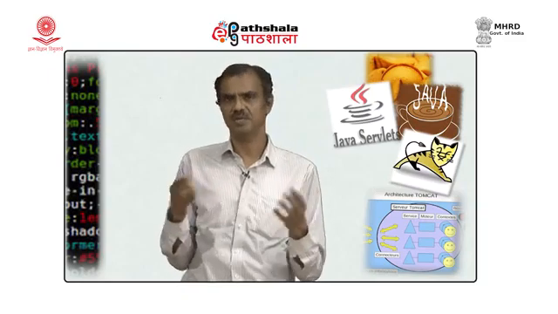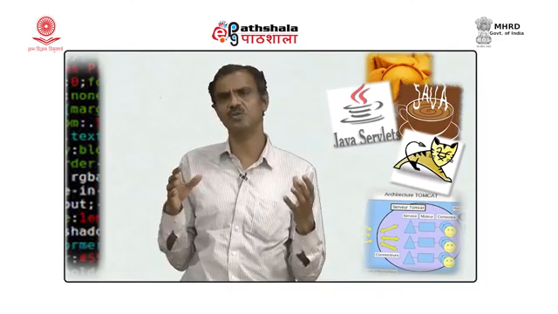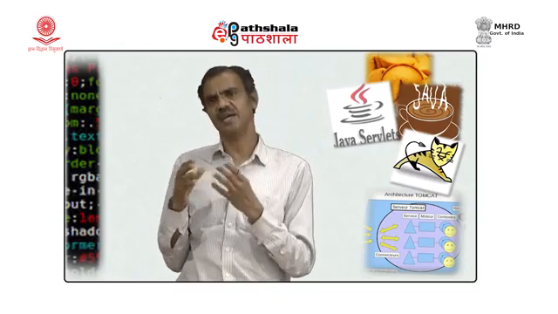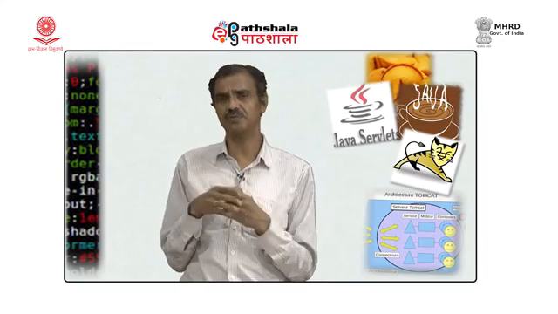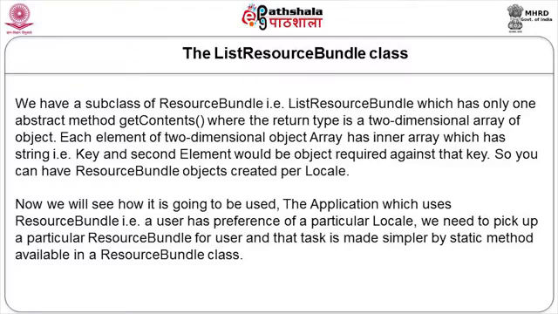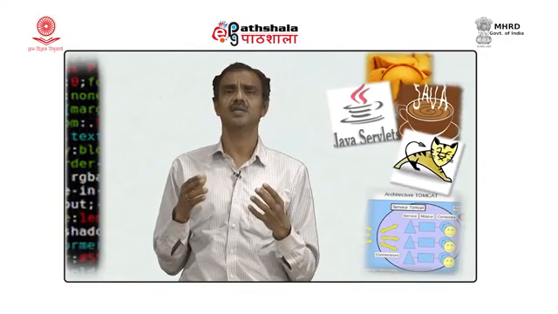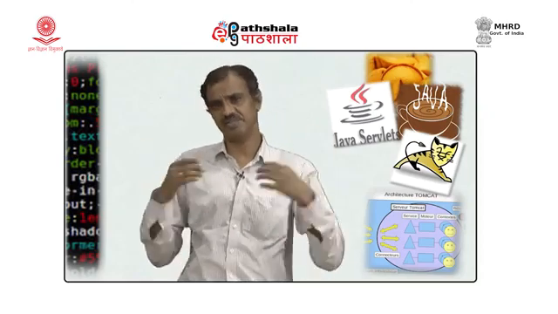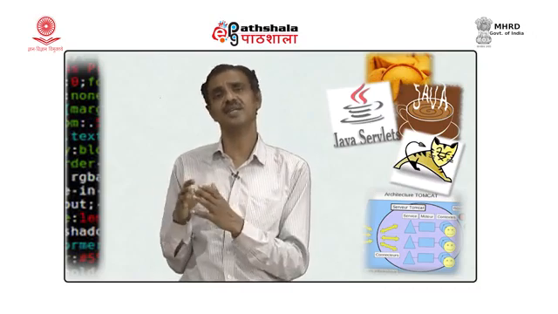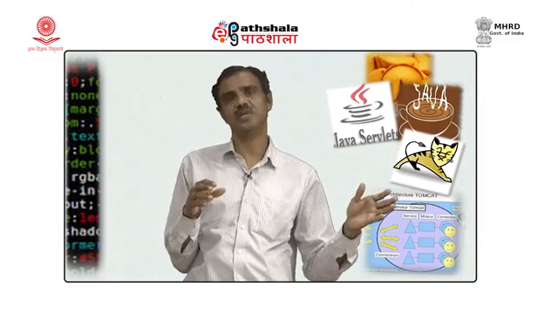So one option is to develop your family of resource bundles by implementing the two methods, getKeys and handleGetObject, but that may be a little tough. We have a simpler one: a subclass of ResourceBundle called ListResourceBundle. In ListResourceBundle, we do not have two abstract methods, they have reduced it to just one simple one, the method called getContents. Its return type is a two-dimensional object array.